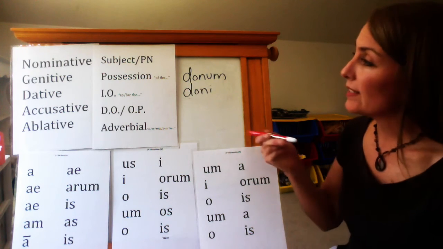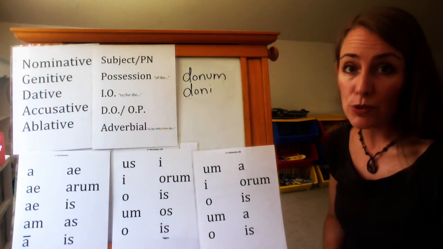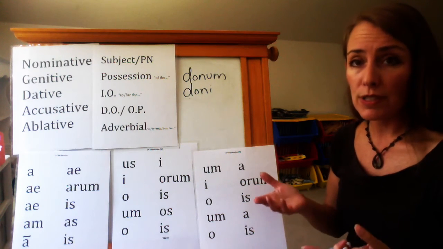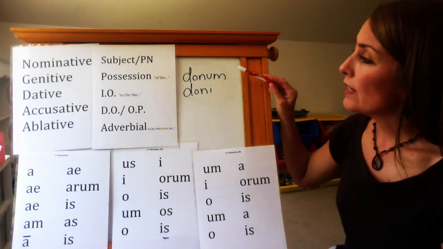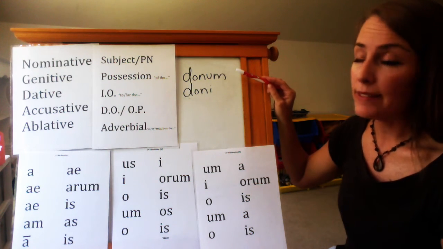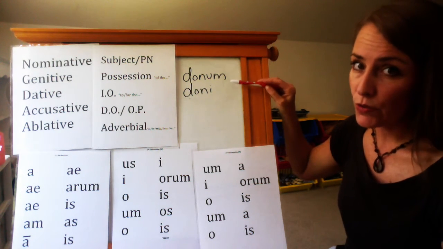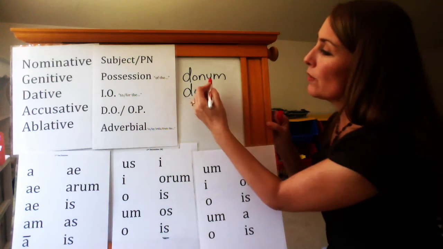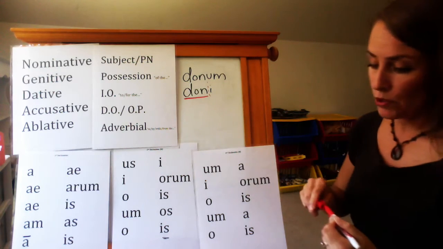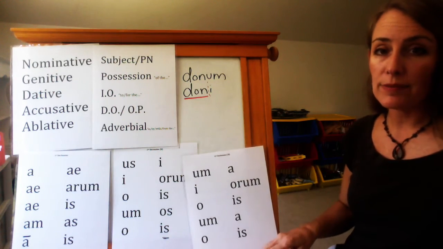So this word is a second declension neuter word, which means it's not masculine, it's not feminine, it's neuter, it's neither. Now, remember, we need to find the stem before we can decline. So we're going to go not to the first form, but to the second form. We're going to chop off the i, and we're left with our stem, which would be D-O-N.